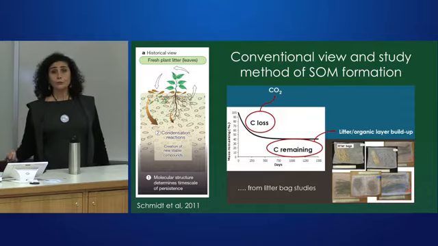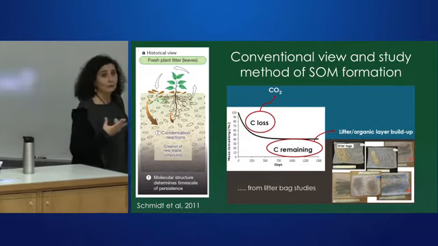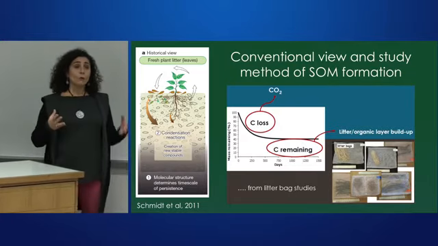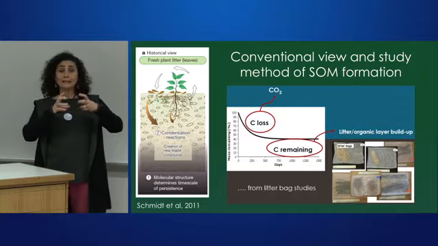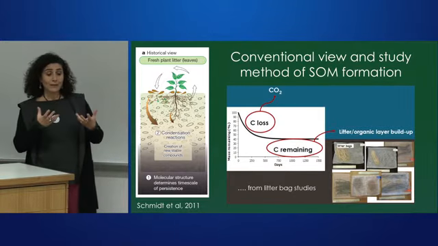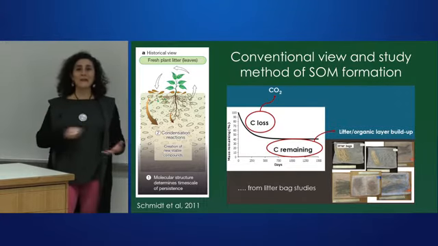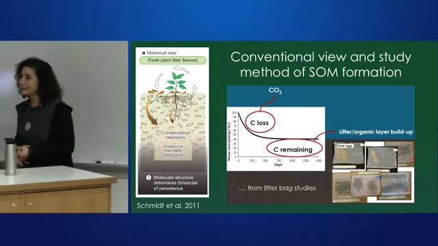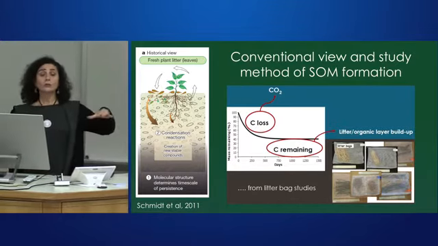The method we used to measure that, and believe me, I made hundreds if not thousands of those litter bags, was to put the plant material inside a nylon mesh. You were a good PhD student if you knew how to sew, because you had to sew all those mesh bags, and then you would deposit them most often on the soil surface.